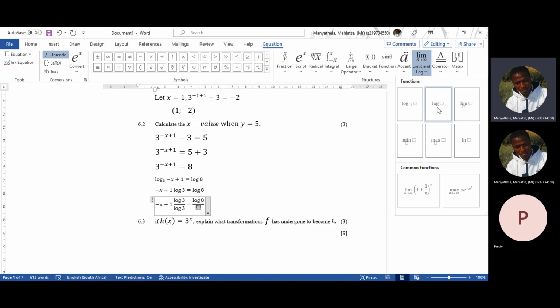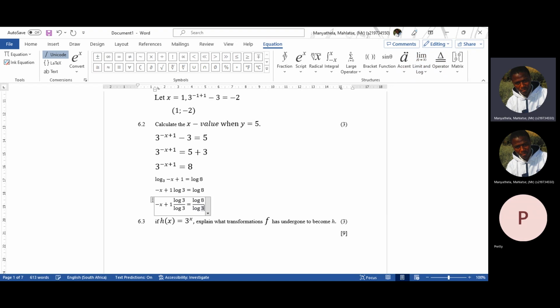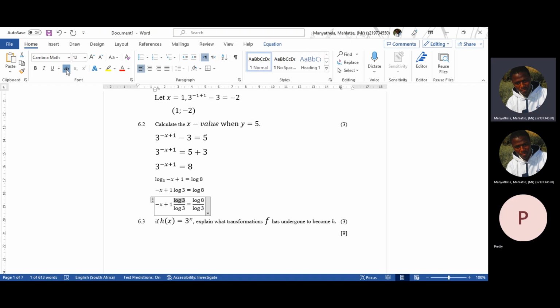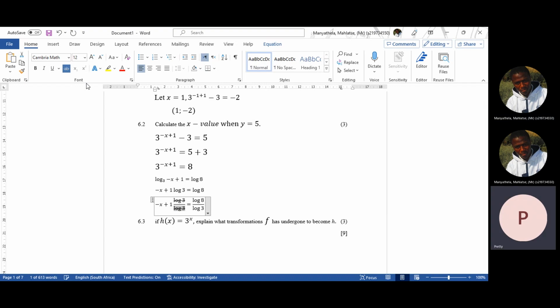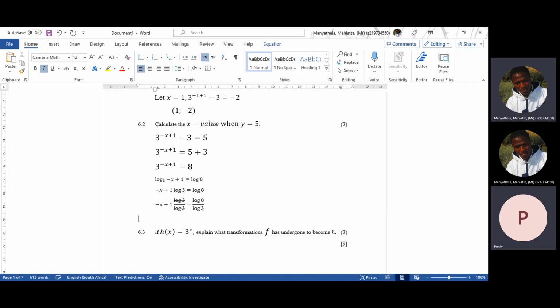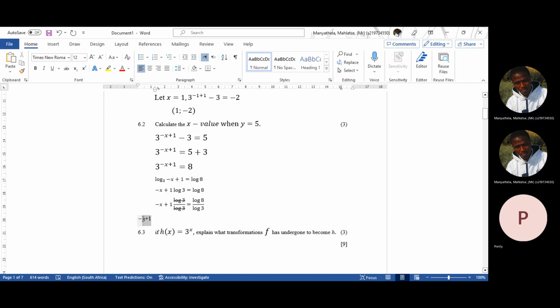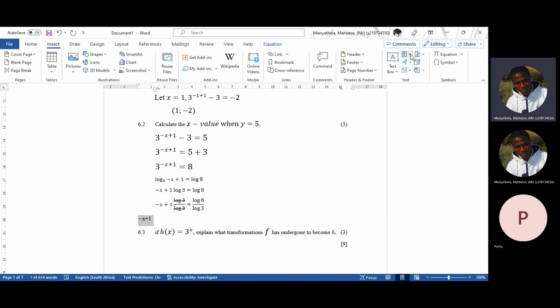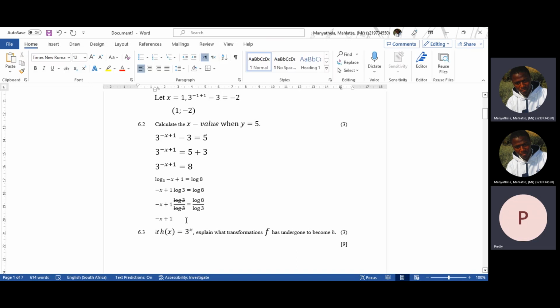So on your calculator, you can do log 8 over log 3 and tell me what it gives you. So this log 3 will cancel, and we will remain with negative x plus 1 equal to log 8 over log 3.